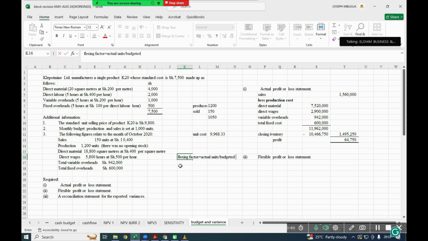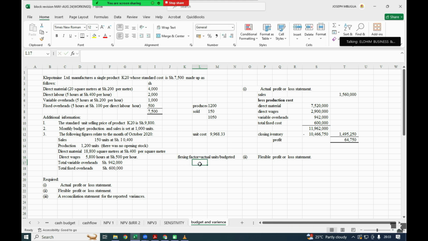The original is the budget that was planned. We now flex it to reflect the actual sales that were sold. So in this case, if you were to use that, you will find that our actual units sold was 150 vis-a-vis what was budgeted in note number 2.